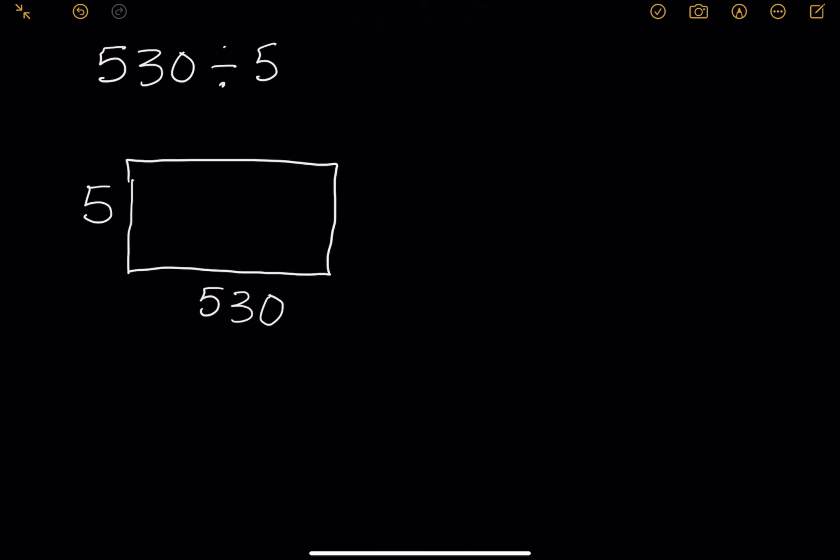Now, my 530 is a number in the hundreds, so I'm going to use what I know about hundreds to help me with this. So on the side, I know that 5 times 100 is 500. Can I use that? Yeah, I can definitely use that because 500 is less than 530.